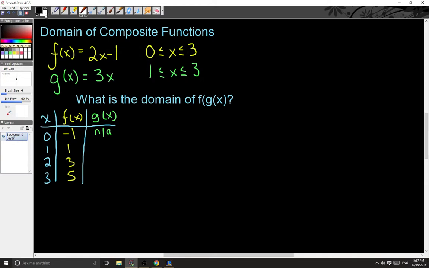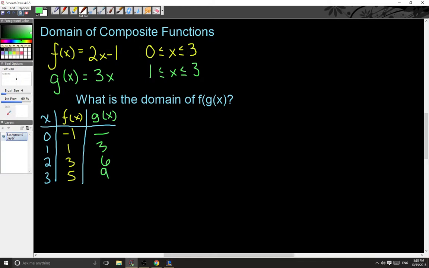Let's just draw a big line through it so it's less confusing. But we can plug in 1 through 3, so let's try that. 3 times 1 is 3, 3 times 2 is 6, 3 times 3 is 9.